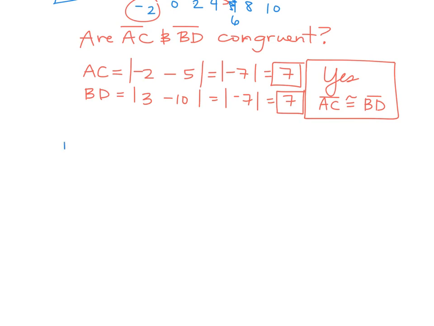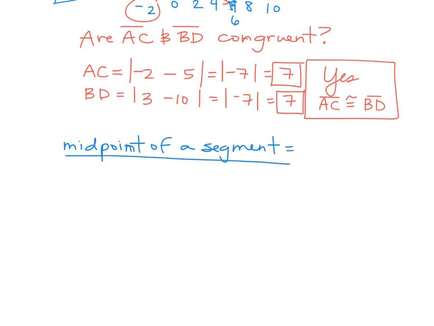One is knowing what a midpoint is. So a midpoint of a segment. And the other one's a segment bisector, but very similar to a midpoint of a segment.